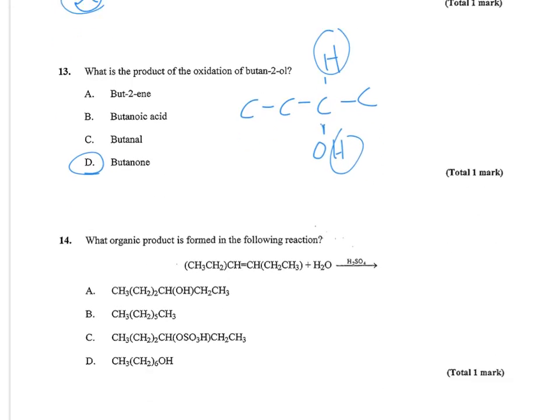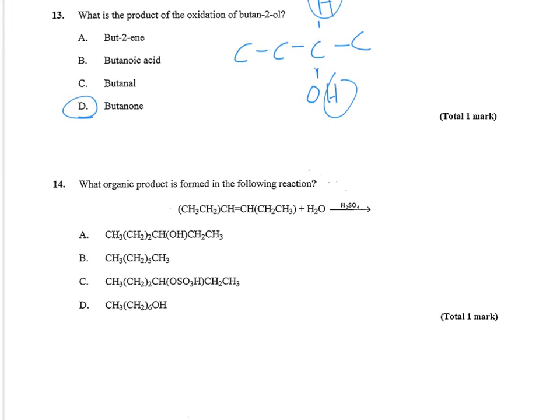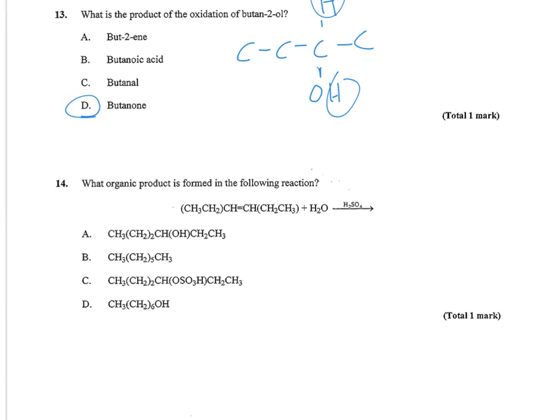Number 14, what organic product is formed in the following reaction? So I've got an acid, I've got the alkene here, I've got my catalyst, and I've got H2O. So when this bond opens up, I should have a hydrogen on one and an OH on the other, which means I'm going to be forming an alcohol.